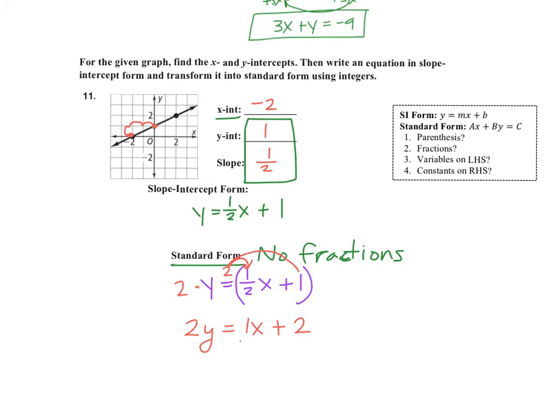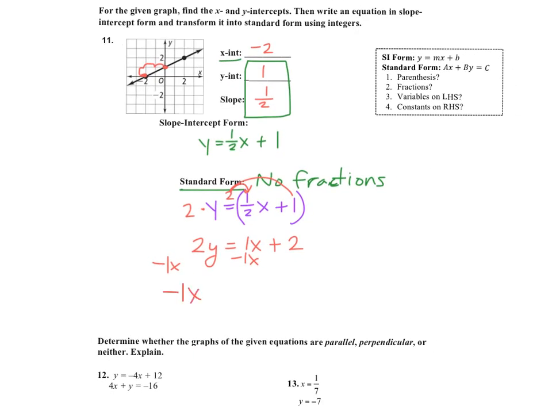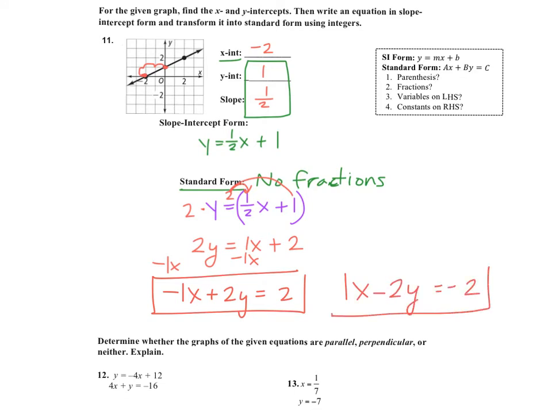Okay, so then the last thing we have to do is just take away the 1x. So you have negative 1x plus 2y equals 2. Or technically, if you went the other way with it, you could do 1x minus 2y equals negative 2. So either of those would be acceptable.